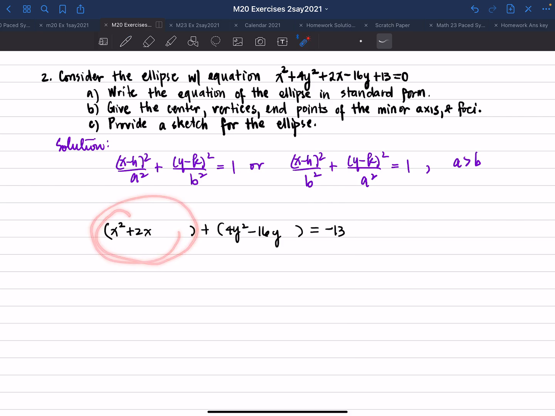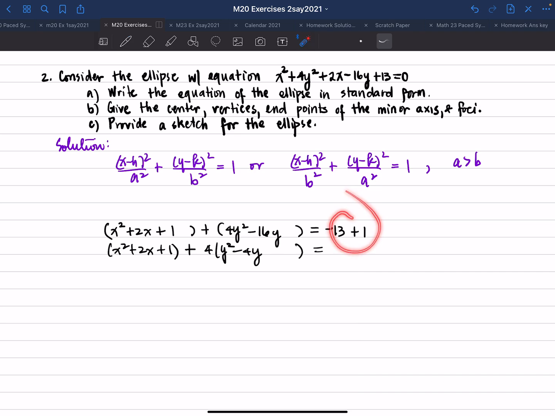You have to add something here to make it a perfect square trinomial. I will add 1 and then add 1 on the other side. Well, for this one, I think it's easier if we factor out the 4 first. And this becomes negative 12.